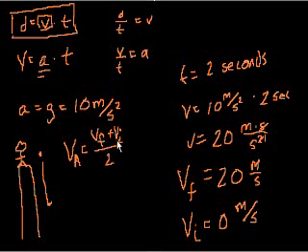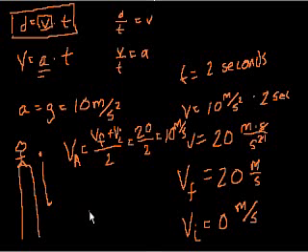I just took the average of the initial and the final, which is 20 plus 0, which is 20, divided by 2, which is equal to 10 meters per second. So right when I let go of the rock or the ball or the penny, whatever I'm dropping, the thing is stationary. So it's 0 meters per second. After 2 seconds, we used this acceleration formula. After 2 seconds, it accelerated to 20 meters per second.